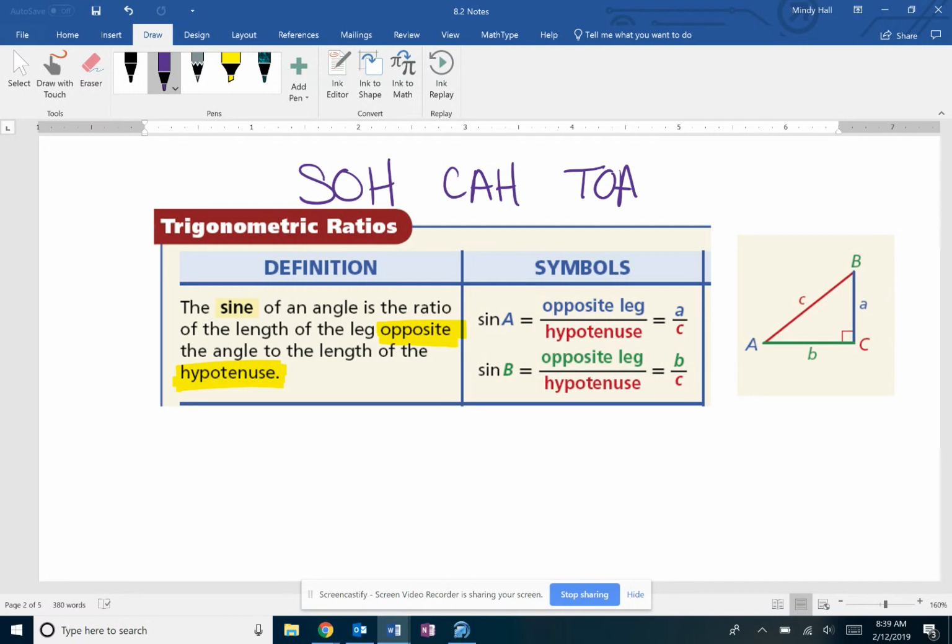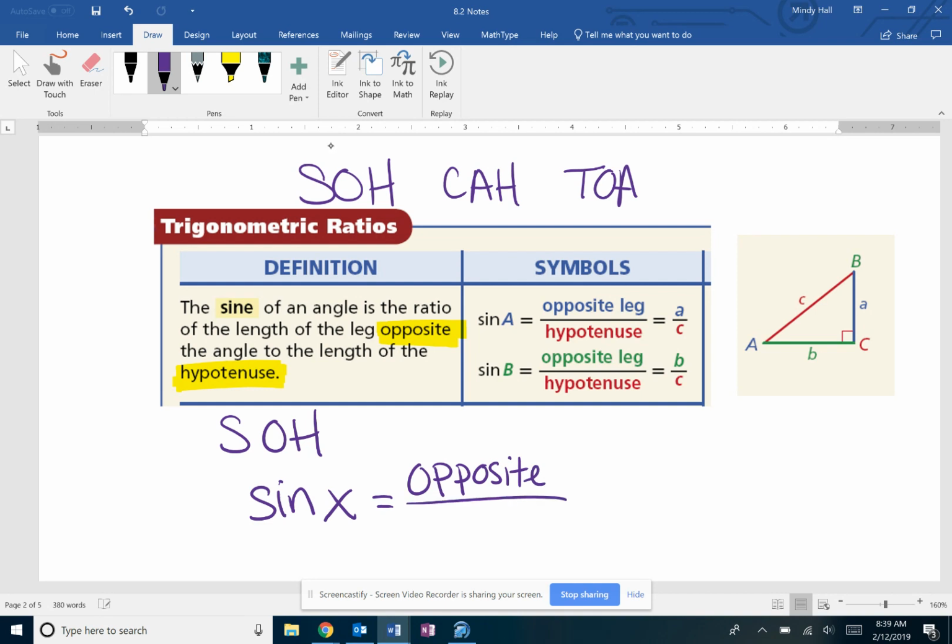Sine is actually the first one, SOH, because sine of an angle is the opposite over the hypotenuse. So if you notice with the letters, we have the S, the O, and the H.